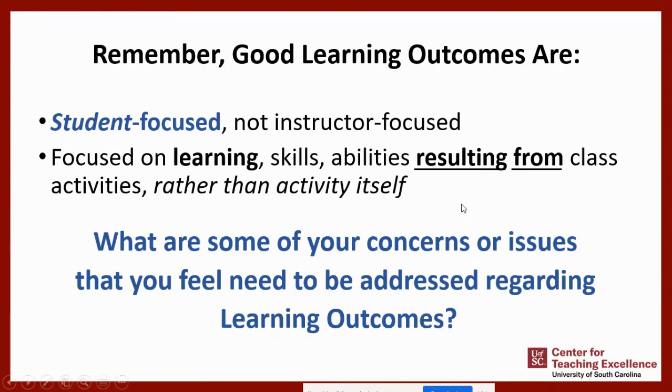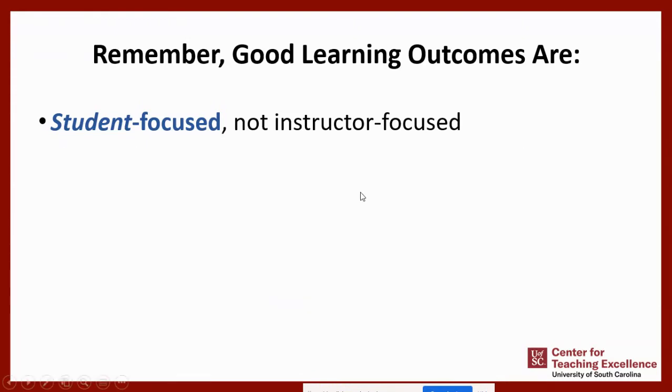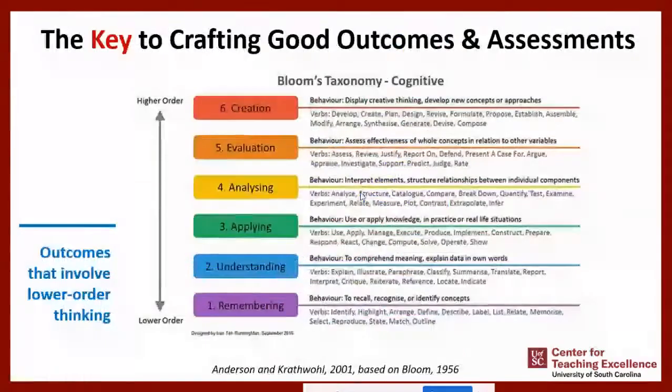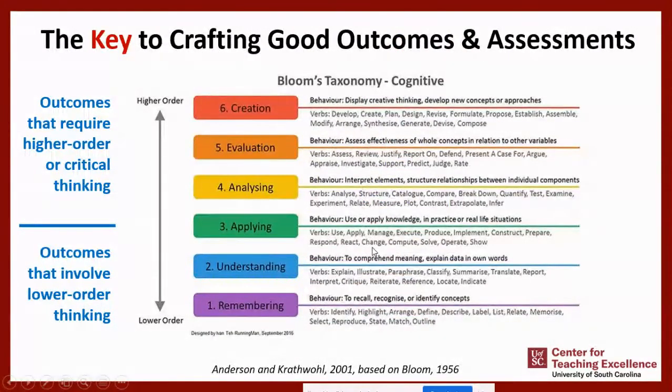Does every level in Bloom have to be used? No, and that's a really good question. When you write your Blooms, you don't have to have every level of Blooms in the learning outcomes.